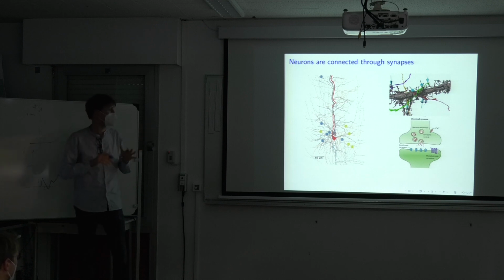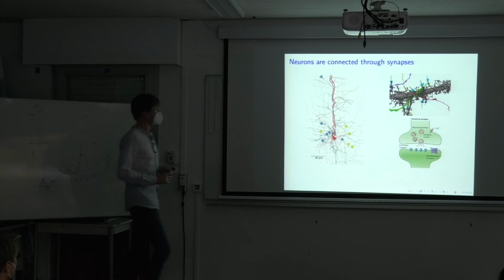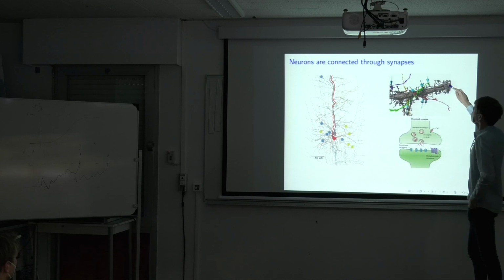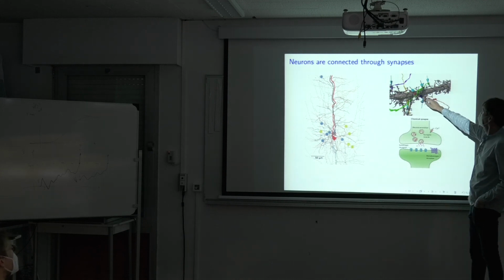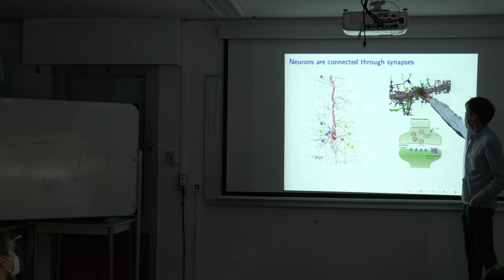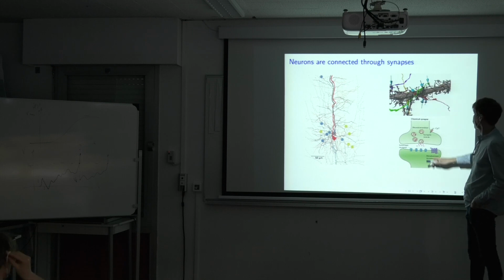And there are many cells. So let's zoom in. We see all these dendritic spines of one postsynaptic neuron, and we see axons of a number of presynaptic neurons. And then sometimes you have these synapses that are formed.